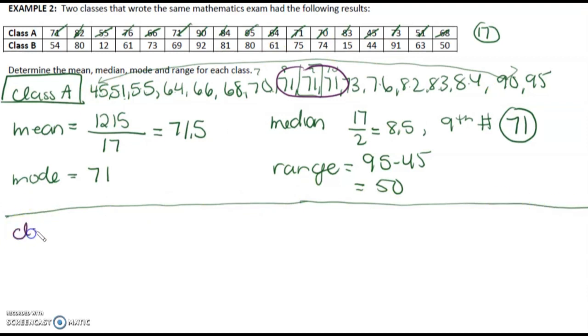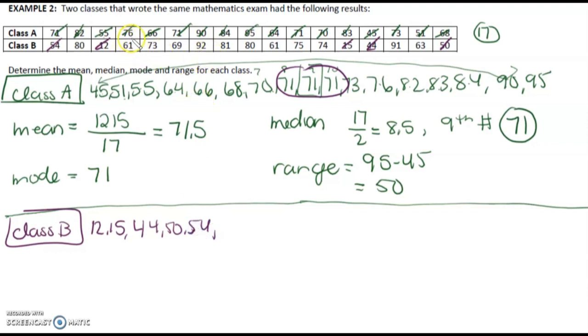Okay, now let's do class 2, or class B. Let's order these. The lowest marks are 12 and 15. Anything else lower than 50%? 44, and then I get 50 and 54. So 44, 50, 54. I'm still skimming.